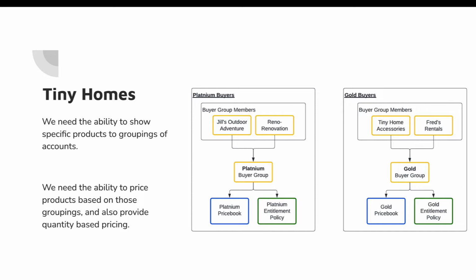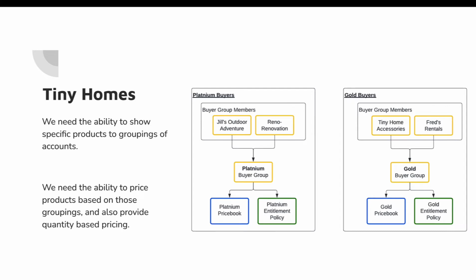And that basically gives us the ability to say, okay, for platinum buyers, they get access to X, Y, and Z products at this price. And the gold buyers get access to A, B, C, and X products at these prices. And so you can have a little bit of overlap here between your products, but you do get finer control over prices and access levels there.